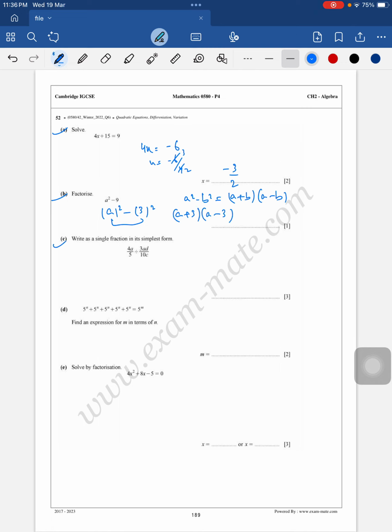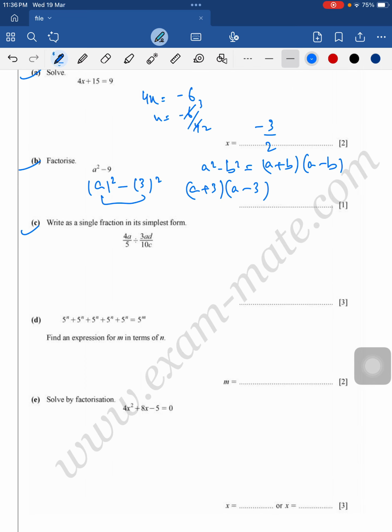Part C. Write as a single fraction in its simplest form. You see a division sign in the middle of the fractions. Whenever a division sign is there, we change it into multiplication and we reciprocate the fraction. That is, 10c will come in the numerator and 3ad will go in the denominator. a gets cancelled with this, right? 5 1s are 5, 5 2s are 10.